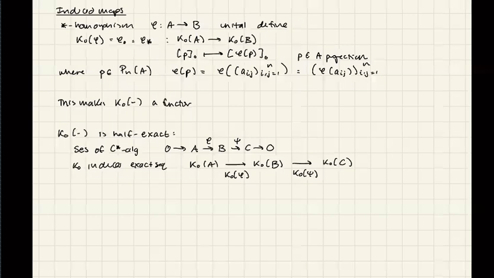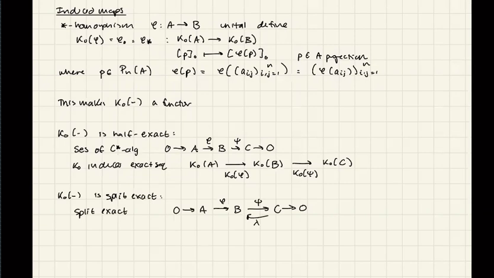But we do have that K0 is split exact. So if I have a split exact sequence, I'll say a little bit about what that is, of C-star algebras. So A, B, C. Like we had before, I have a short exact sequence, but now I have a splitting. So I can go back. Okay.